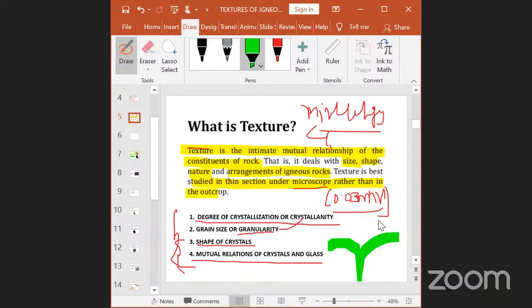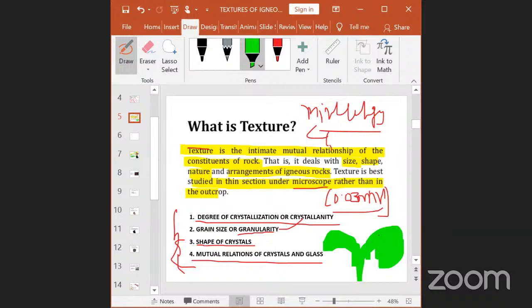The crystallization of different minerals takes place when respective molecules in the magma move to their centers of crystallization and arrange themselves in definite patterns. If reasonable time is available, crystallization of different minerals takes place from the melt, giving rise to a rock, right? Giving rise to a rock.